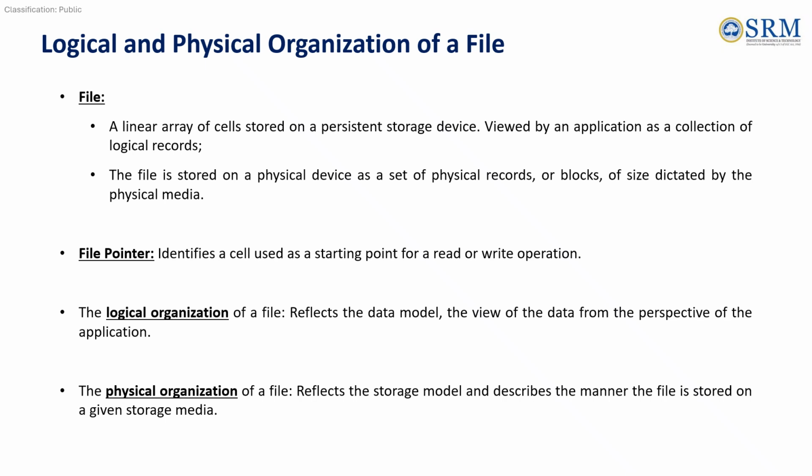For example, a student database may logically appear as rows containing name, roll number, and marks. Physical organization describes how the same data is actually stored inside the storage device using blocks and memory locations. So, in simple terms, logical organization focuses on user understanding while physical organization focuses on actual storage implementation.